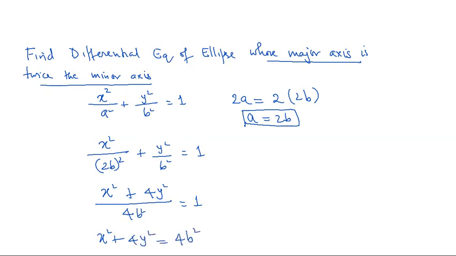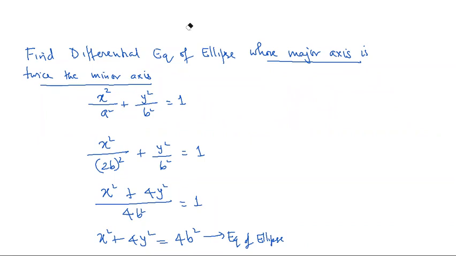Do you agree with what I've written? Yes, sir. This is the equation of the ellipse. How many arbitrary constants? 1. And how many times are we allowed to differentiate? 1. And when you differentiate once, will b go away?